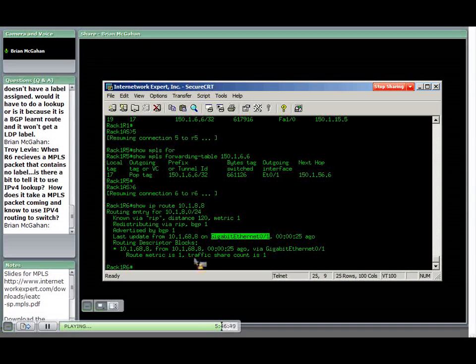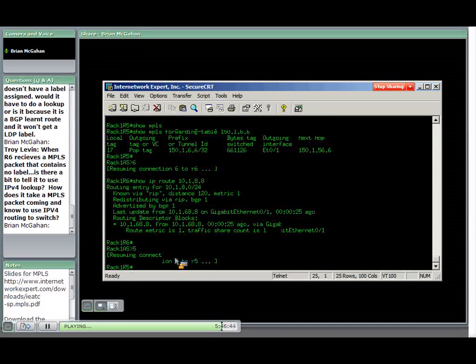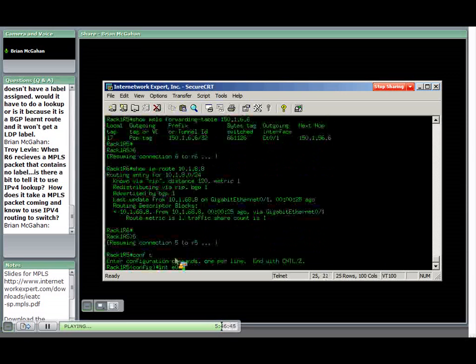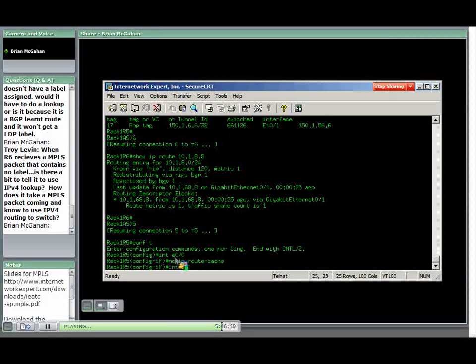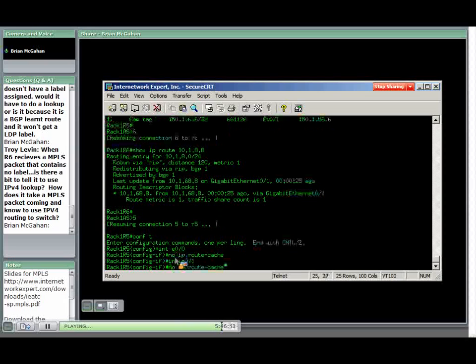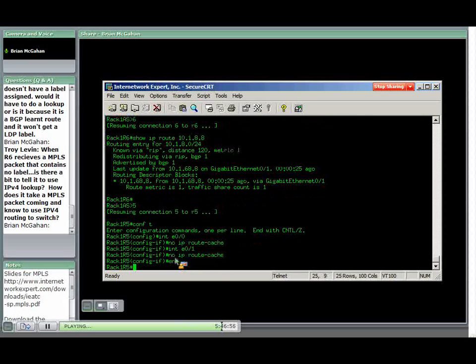Okay, so when the lookup points to a BGP route, and the BGP next hop is a label switched path, then it is going to be tunneled through MPLS. Okay, but this principle is going to be based completely on the fact that we are running BGP between the provider edge routers. So we're going to see when we get into MPLS VPNs tomorrow, without BGP, it is not going to allow this feature.